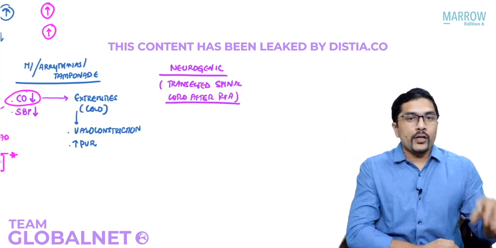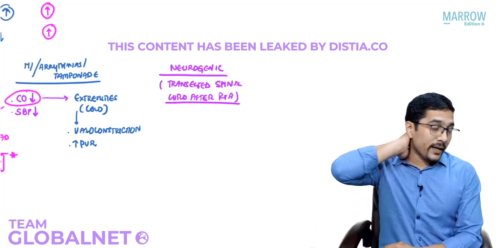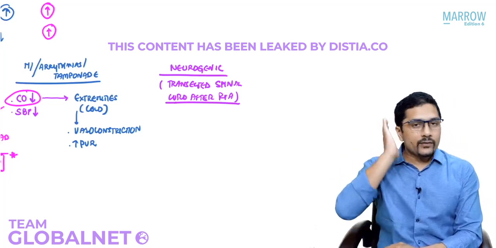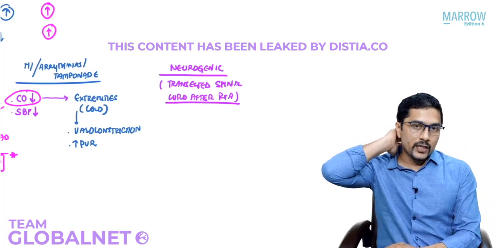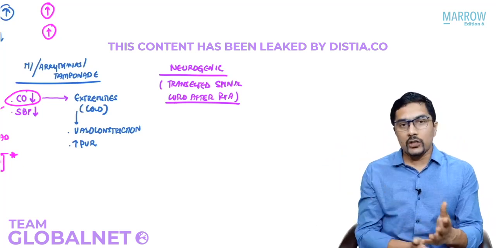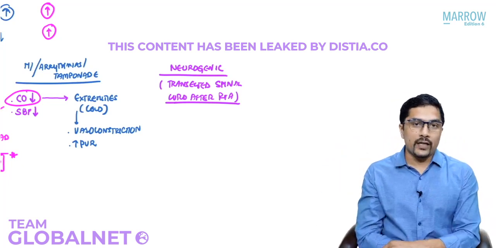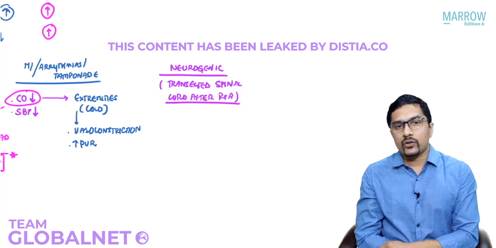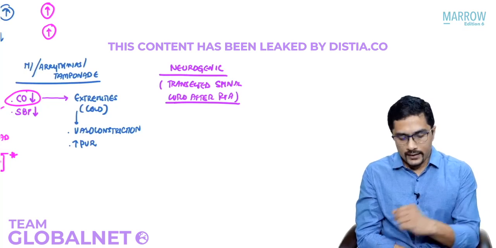In the trauma module, I've told you that the cervical spine is very important for us. If there is a cervical spine injury, that can give rise to spinal shock. There can be transection of the spinal cord and it can give rise to neurogenic shock in patients.